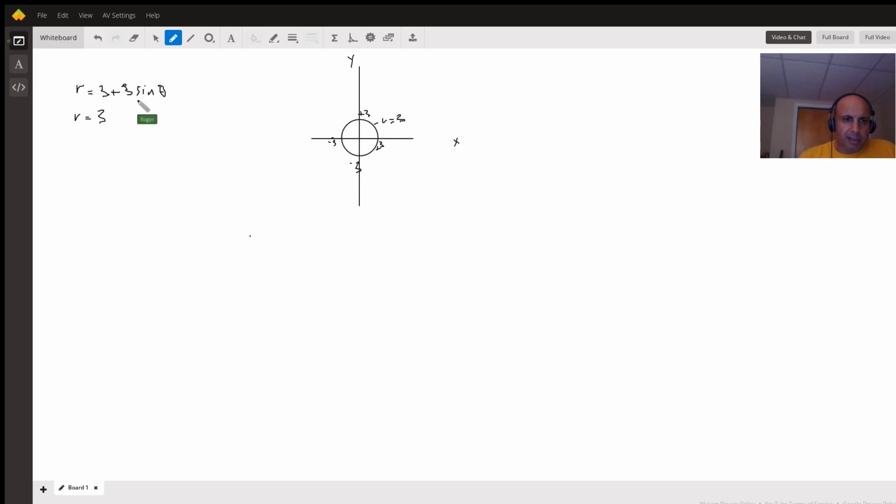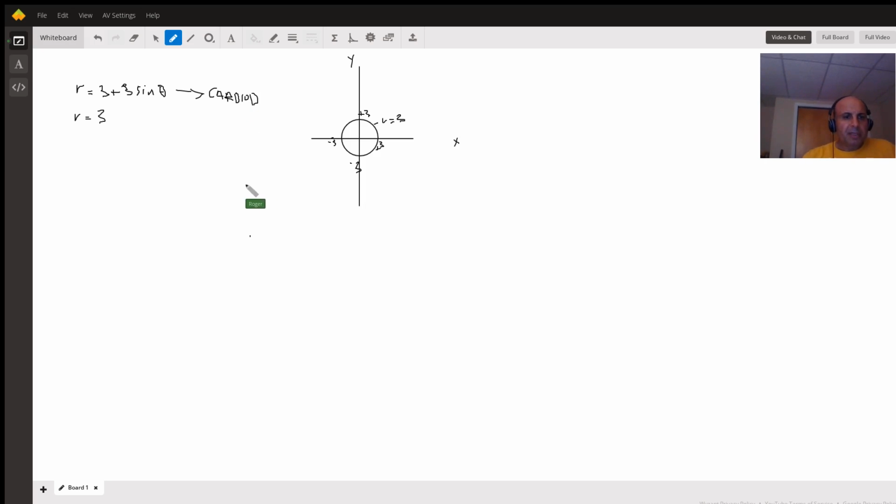And what is r equals 3 plus 3 sine theta? Well, 3 plus 3 sine theta is a cardioid, and I'll show you how to draw that cardioid.